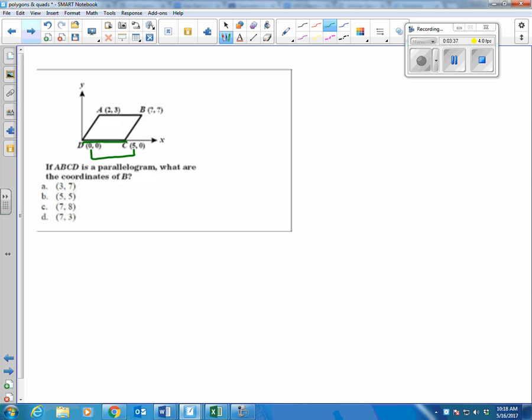So the distance on AB also has to be 5, the horizontal distance. And the horizontal is done by the x value. So if A had an x value of 2, we add 5 to that, which will be 7. And then it has the same y value as A, so 3. So it'd be the ordered pair (7, 3), and that's B.